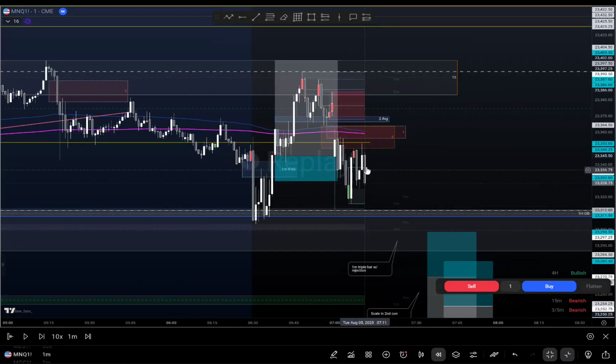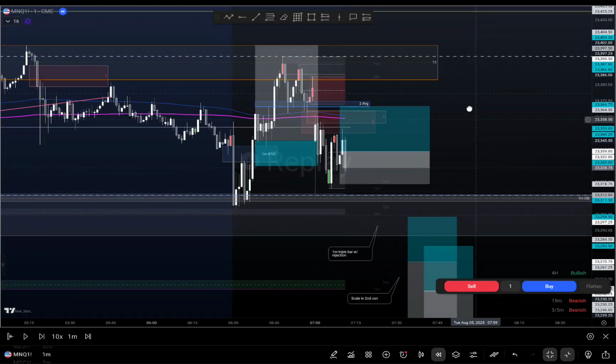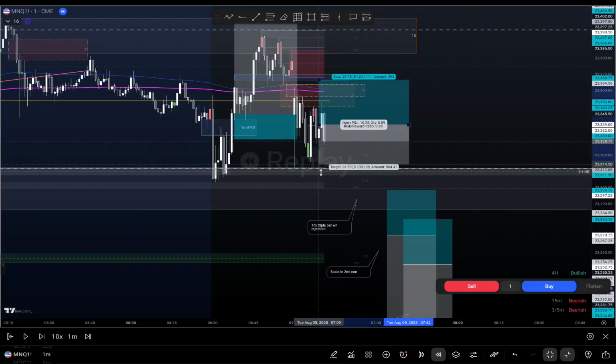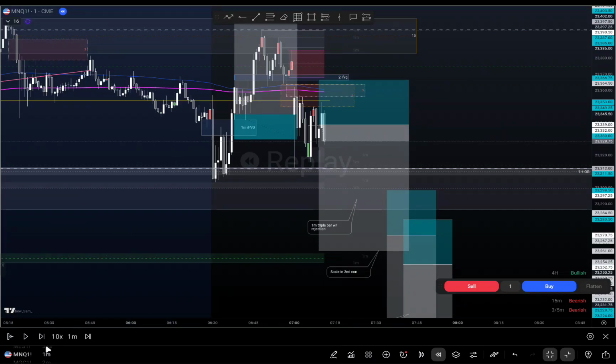Either a triple bar here, which did present here to come up. So I could enter here, like so, in the middle area, but remember to cover completely the 5-minute FVG. And then could come all the way down, right?